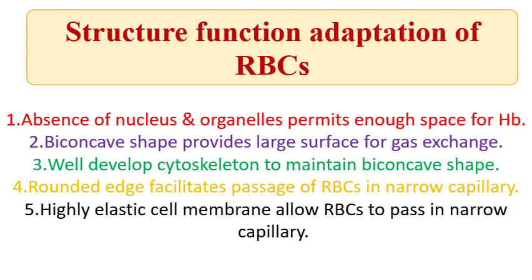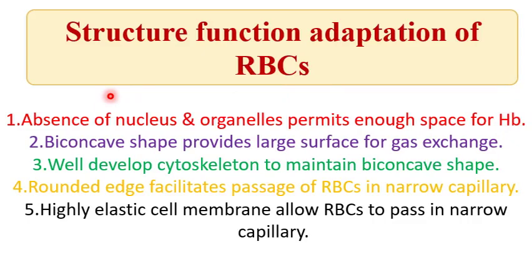the absence of nucleus and organelles permits enough space for hemoglobin, due to the main function of RBCs, which is to contain hemoglobin that carries oxygen to the tissues. So there is no nucleus and no organelles, to permit enough space for hemoglobin to do its normal function.